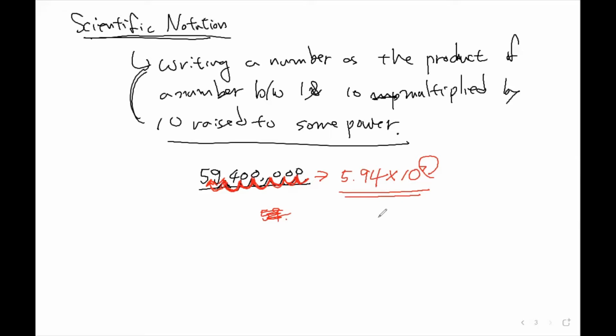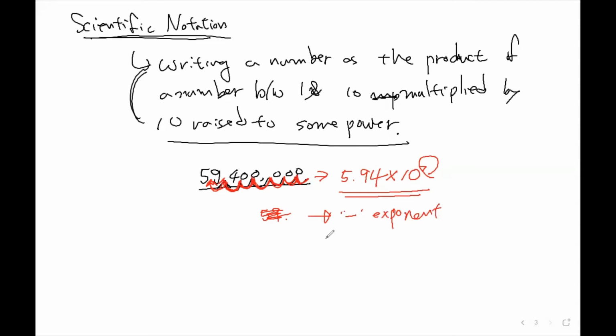And the sign on the exponent indicates the direction the decimal point was moved. If we move right, then negative exponent.